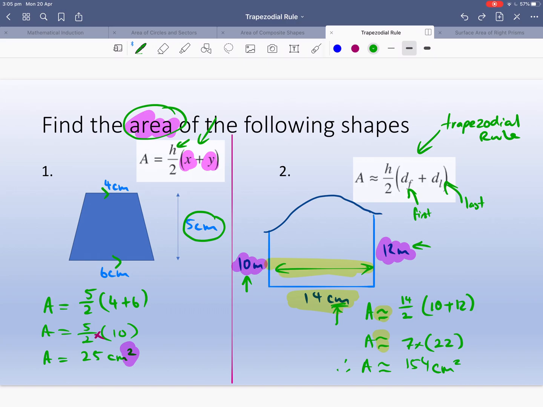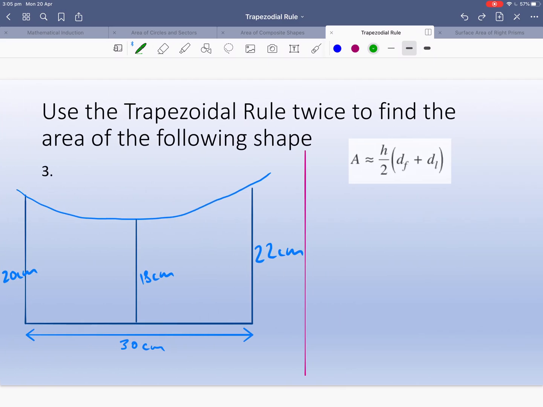One more example. You're not always just going to get one shape. You might get a situation where here we have to use this twice, all right? And the reason for that is that there's a function value here, and then there's another one here. So we need to do a little bit of work before we can use it.